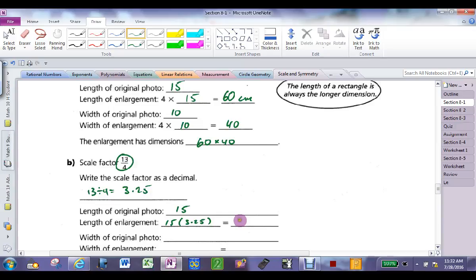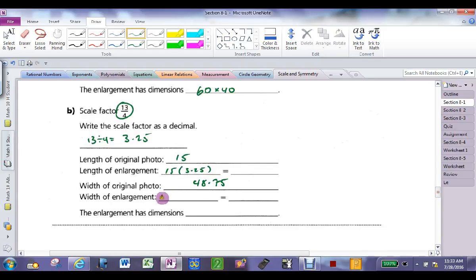You're going to use your calculator. 45.75. No, 48.75. Stupid, Perry. I wasn't sure. 10 by 3.25 is going to be 32.5. So the enlargement would be 48.75 by 32.5.